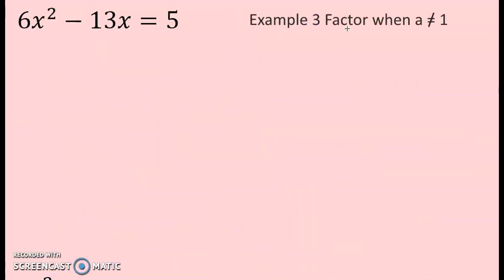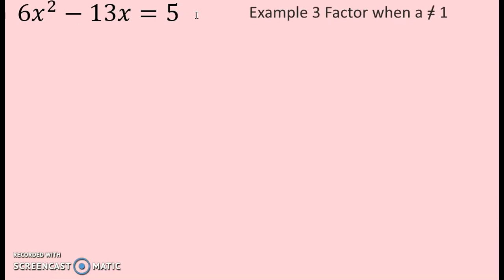Example 3. Factor when a does not equal 1. 6x squared minus 13x equals 5. This one will be a lot like example 2. Our first step is to write 6x squared minus 13x plus 0 equals 5.